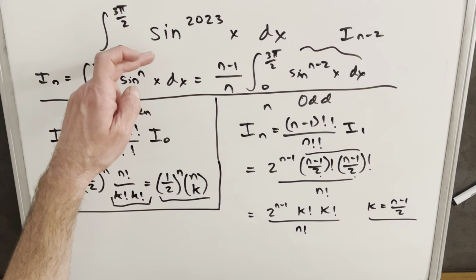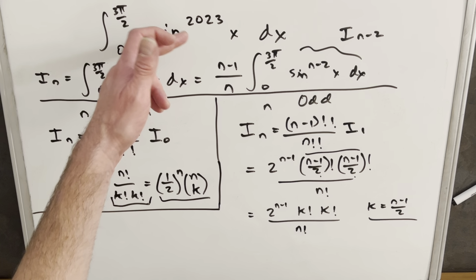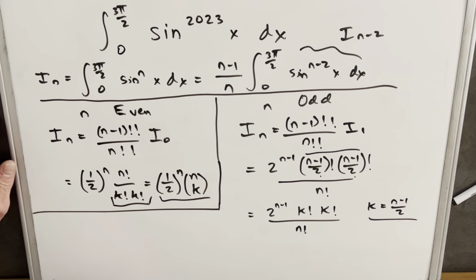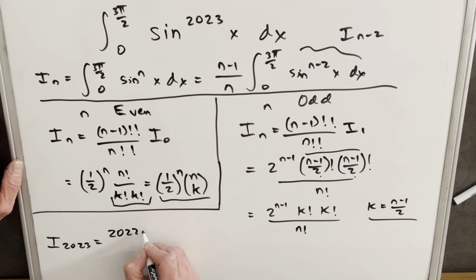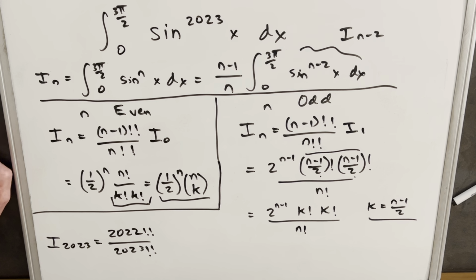So now back to our problem. Let's use everything we've done here, calculating sine to the 2023. We know 2023 is an odd number. So let's look at our I sub 2023. This is going to be 2022 double factorial over 2023 double factorial times our I sub 1 value, but that was just 1.